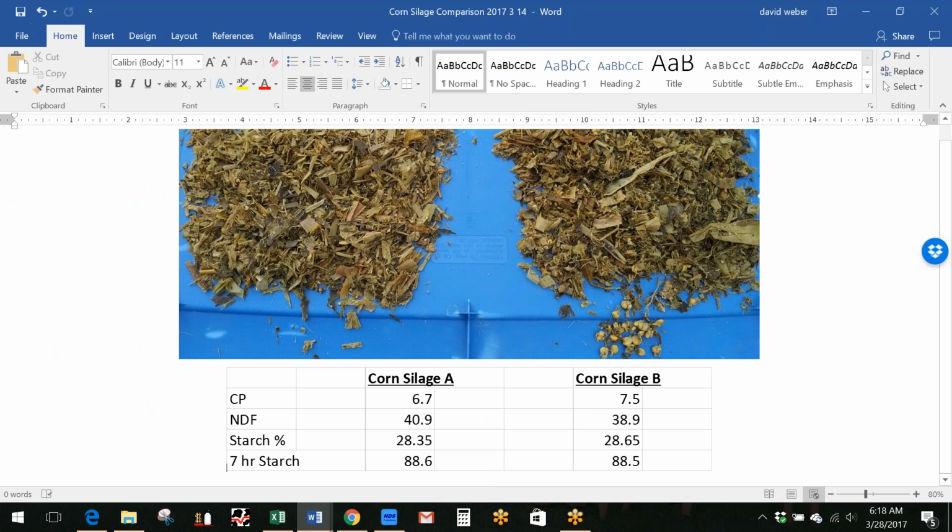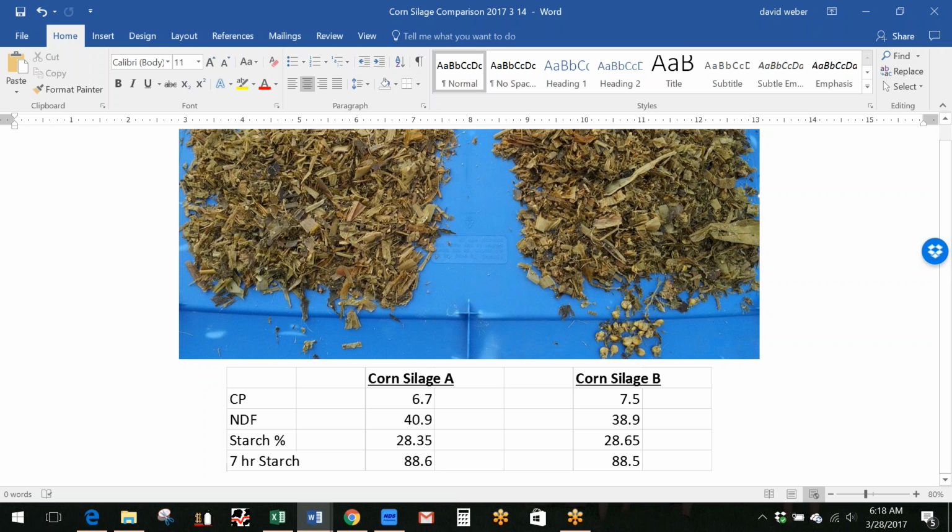As I was looking through the corn silage, getting the analysis back, I noticed that corn silage A had a crude protein of 6.7, an NDF of 40.9, starch about 28, and the 7-hour starch was 88.6 as reported from the lab.